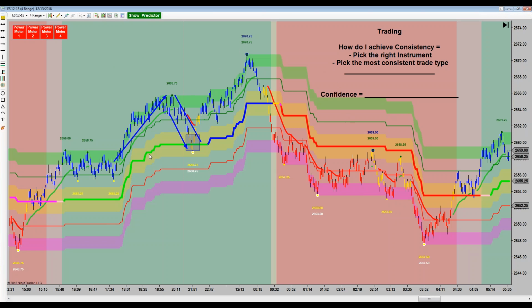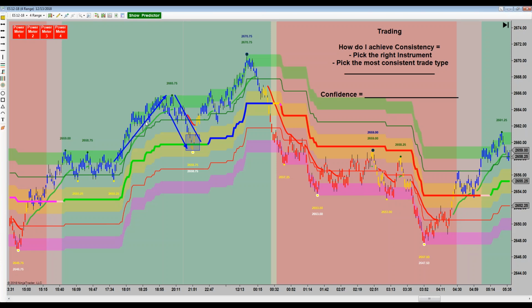Because ES is very heavily institutionally traded. There's huge volume, like 1.5 million contracts a day. It's the most liquid futures contract on the earth. The fills are great. You don't have any slippage, 1 tick tops. There's liquidity at all levels.